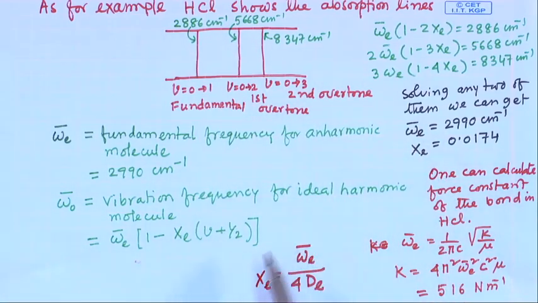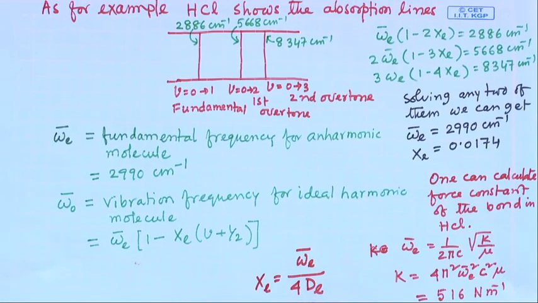Now, if you put them here, you will get the value of the dissociation energy. I have not calculated it, but one can find the dissociation energy. And omega E bar is related, as you remember, to the spring constant k, the square root of k by mu.